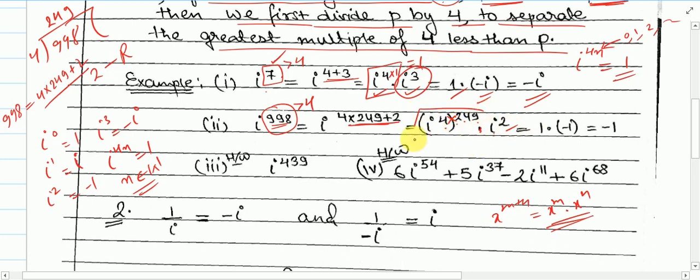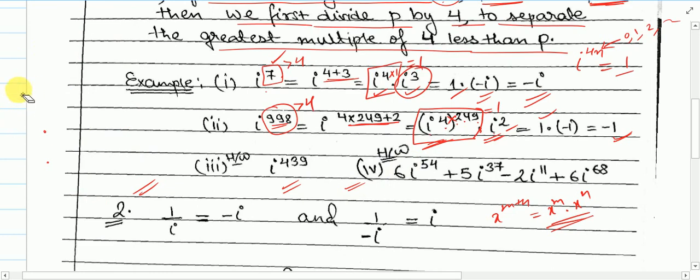So you know that this will be equal to 1, because i to the power 4n will be 1, where n is a whole number. So you got 1 for this part, and i squared, you know i squared is minus 1, so you get minus 1. So this is your homework, this is also your homework. So try them.